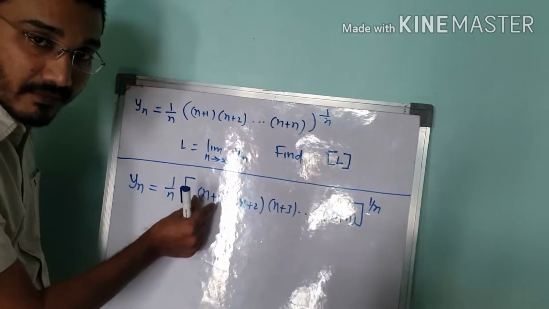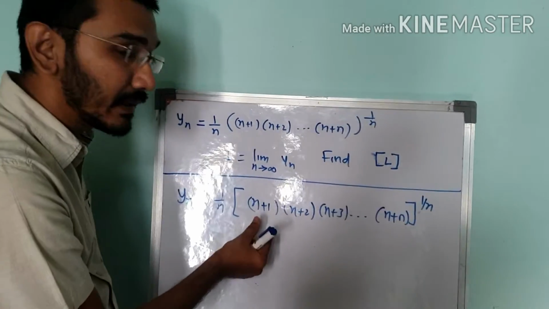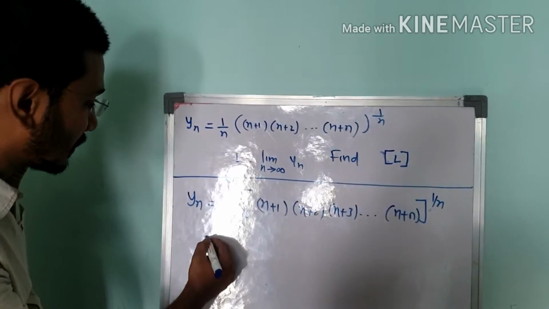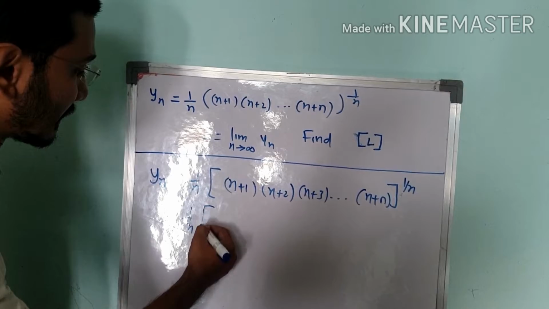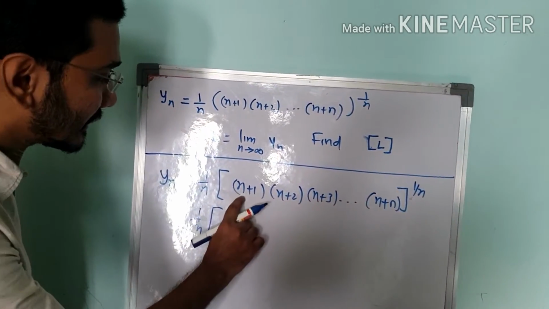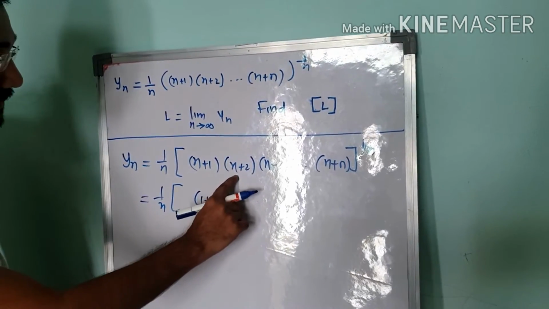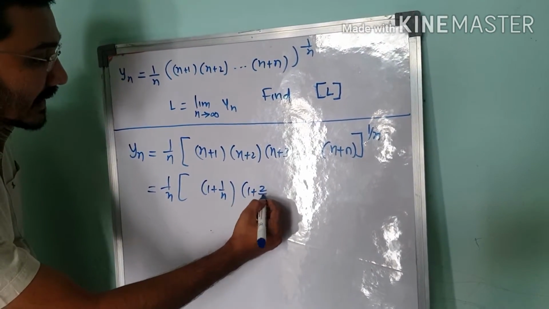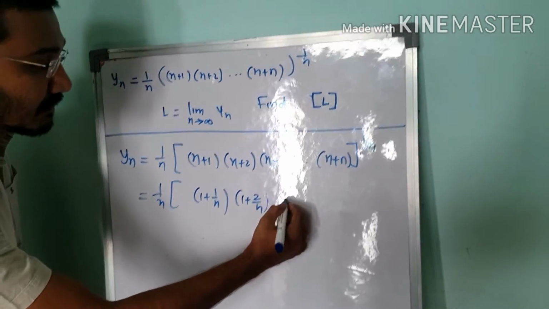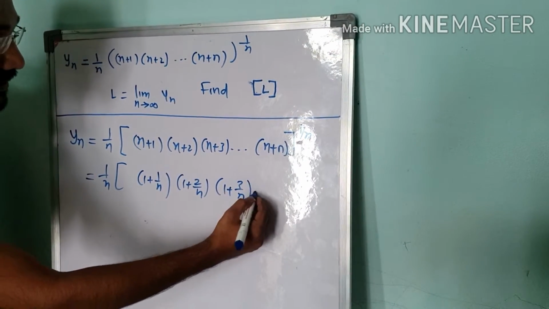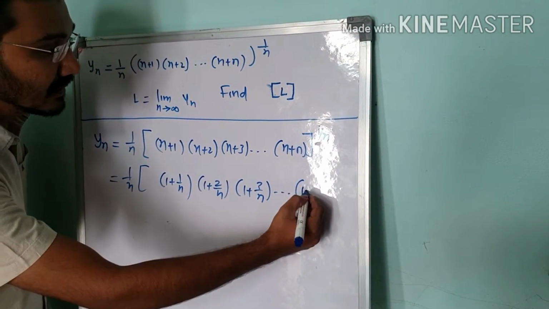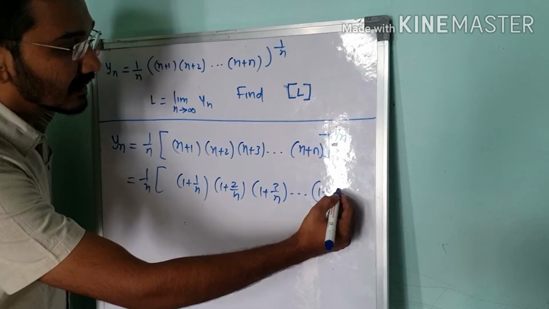So when I am dividing by n, I need to multiply by n as well. If I divide every term by n, then this becomes 1 plus 1 by n, this becomes 1 plus 2 by n, this becomes 1 plus 3 by n, and so on. This becomes 1 plus n by n.